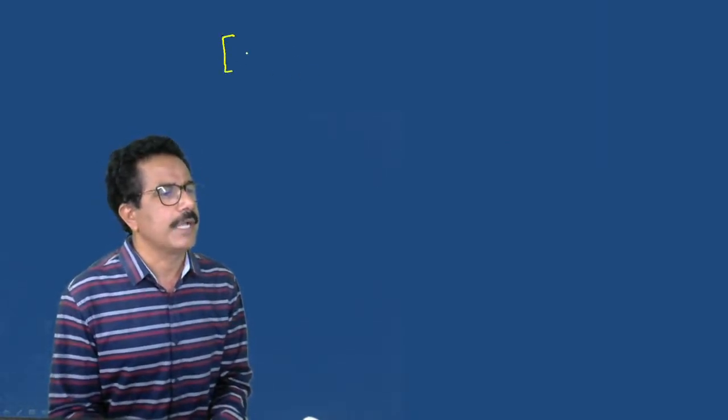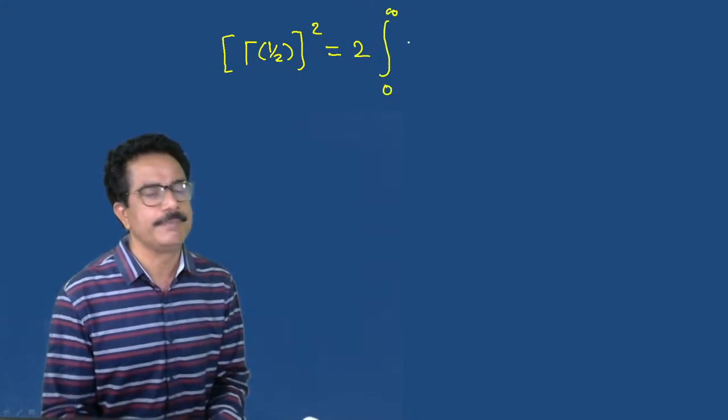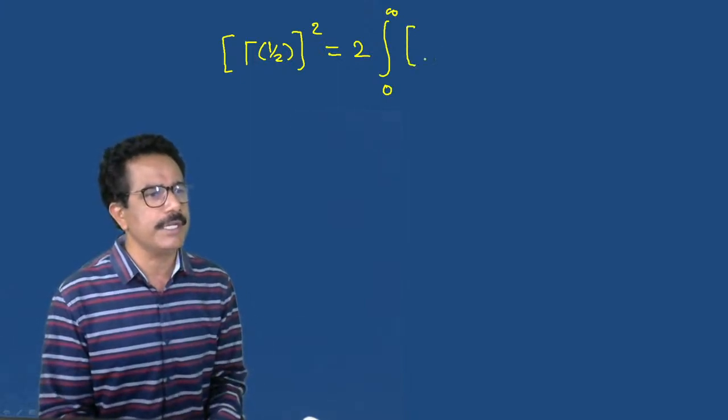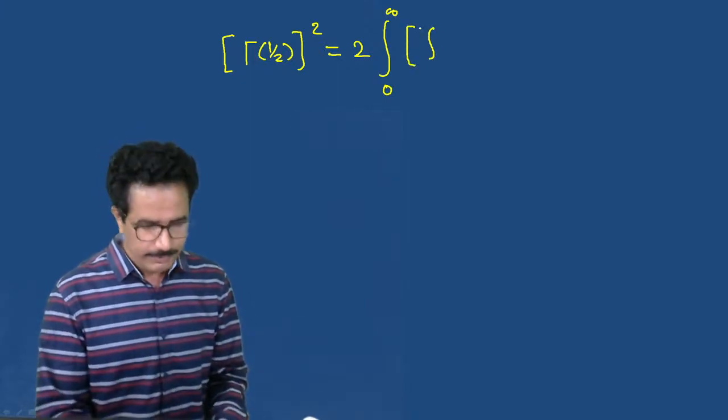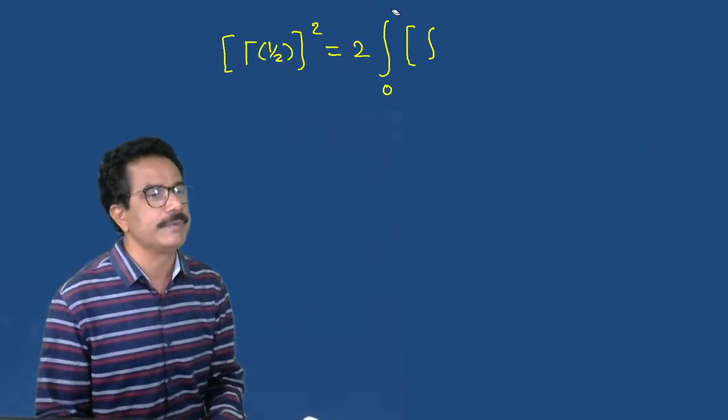So we can write this integral as gamma of 1 by 2 whole square, which will be 2 times the integral from 0 to infinity. Now we have to distribute this integral. The first integral is with respect to theta, 0 to pi by 2.